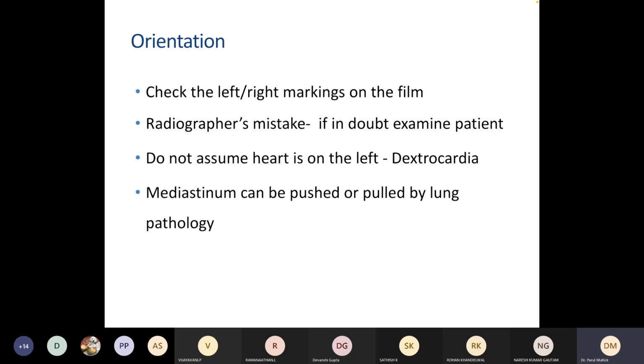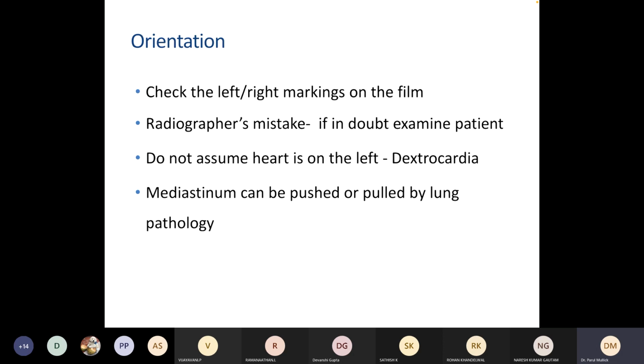In an exam, by and large, you are not going to get a lordotic, apical, or an oblique view. All you're going to get is PA, AP, lateral, or it may be a decubitus view. But you should know that yes, there are other views to identify pathologies at various areas of the lung.